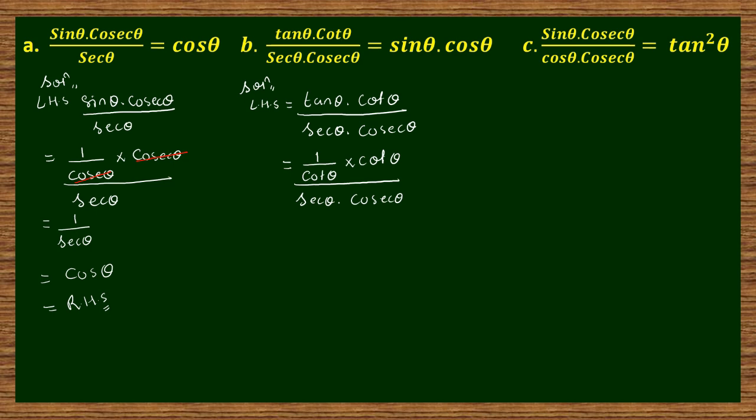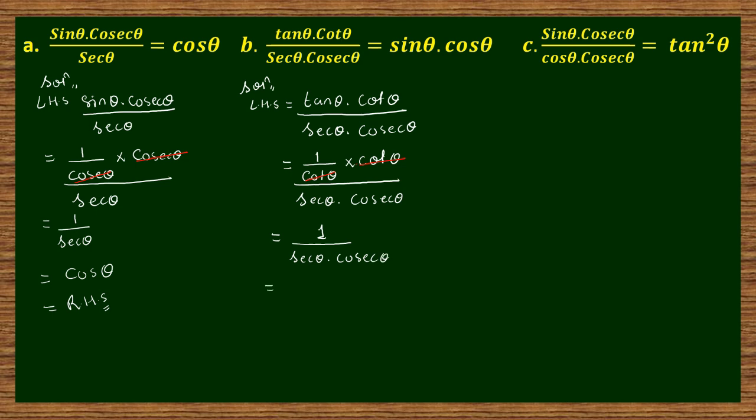So we know well again this cot theta from the numerator and this cot theta from the denominator can easily cancel by 1. So what is in our hand now? 1 by cosec theta and 1 by cosec theta. So we can write 1 by sec theta multiplied by cosec theta.